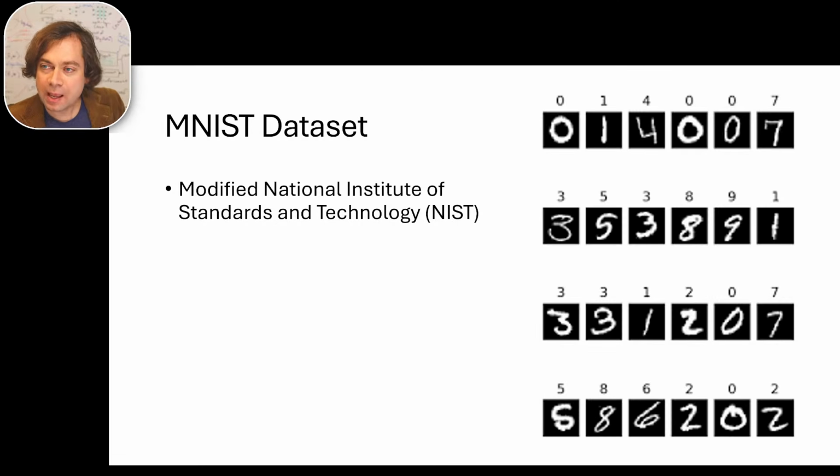What we have here is a classic data set called the MNIST data set. It stands for the Modified National Institute of Standards and Technology. The National Institute of Standards and Technology is a government agency in the United States. NIST, they standardize units for technology. If you want to define what a kilogram is, NIST has a definition. Whenever there needs to be a national standard for how you weigh things.